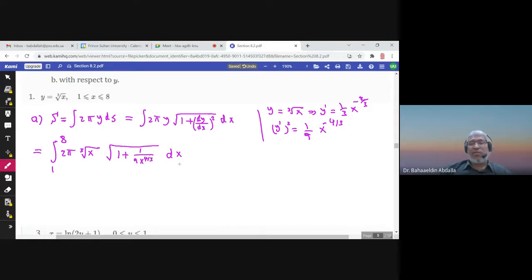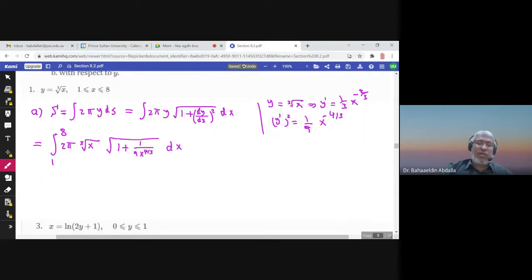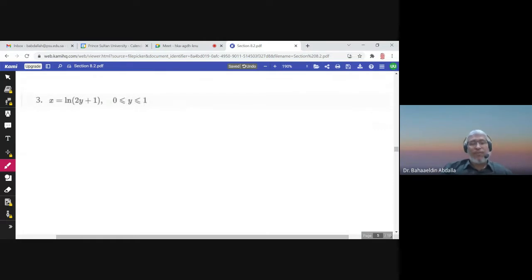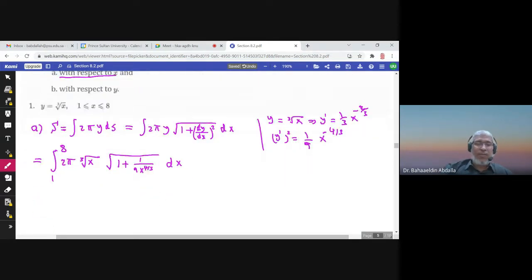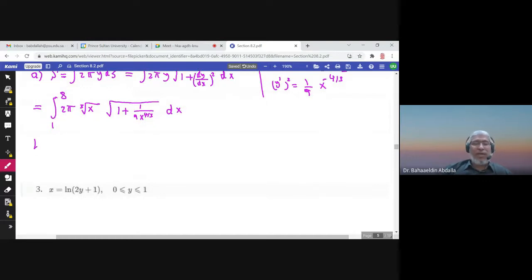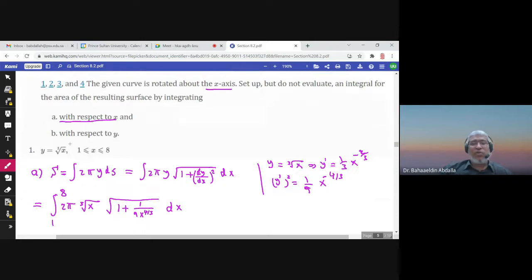So that's the required integral. I don't have to simplify because he just asked for the integral. So this is part A. Well, part B, he needs the integral to be with respect to y.